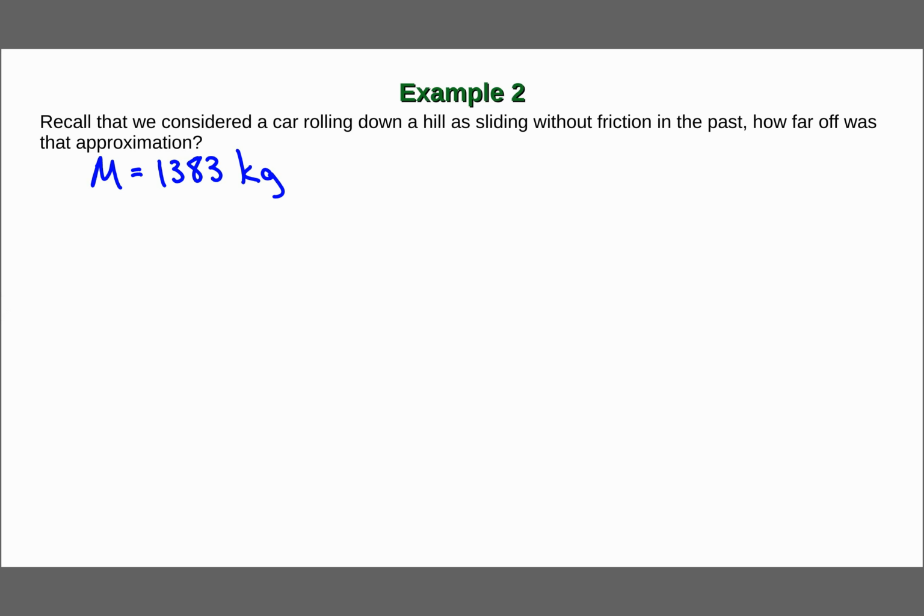Now, for the mass for the wheels, that was a lot harder to find. But what I found was that for a 17-inch wheel plus a tire, we could expect a mass for the wheels of around 20 kilograms. Okay?